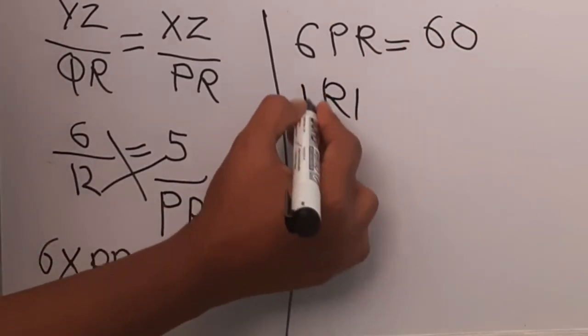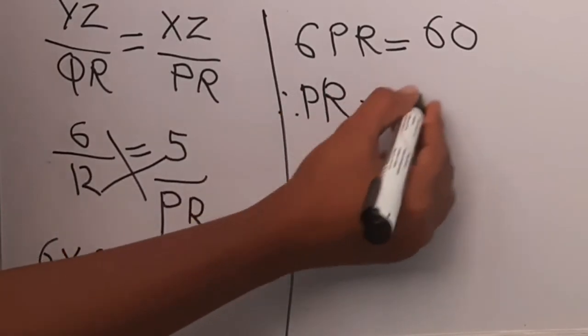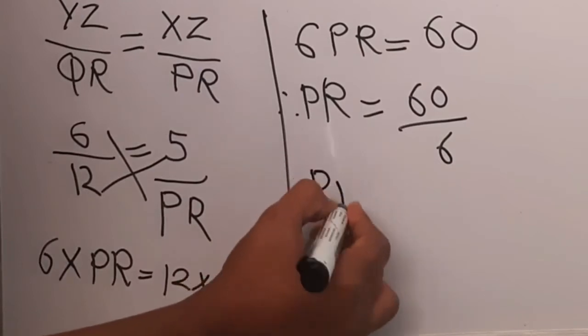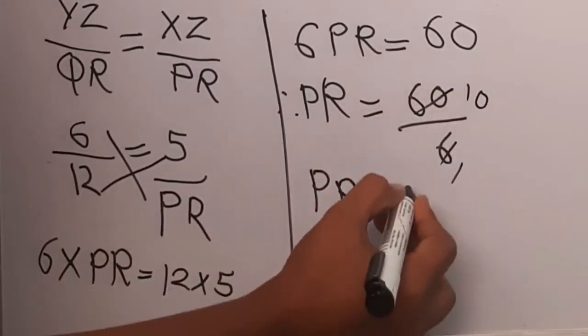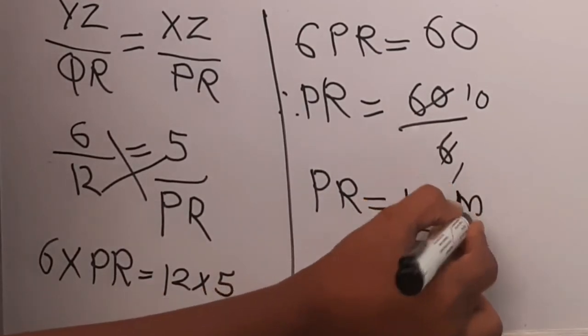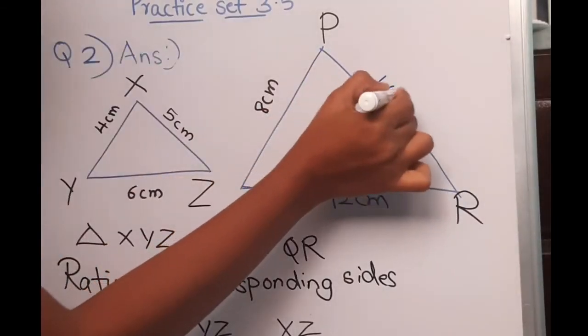Therefore PR is equal to 60 upon 6. PR is equal to, 6 tens are 60, so the answer is 10 centimeter. So we have got PR is equal to 10 centimeter.